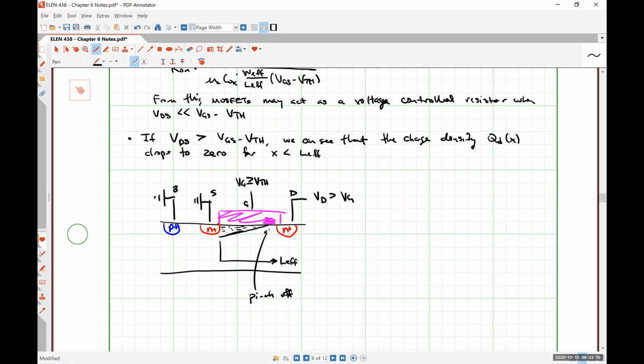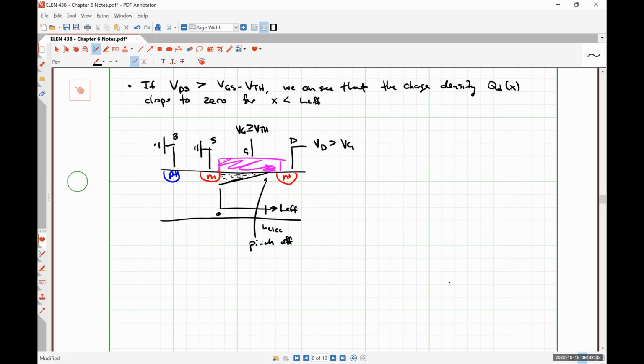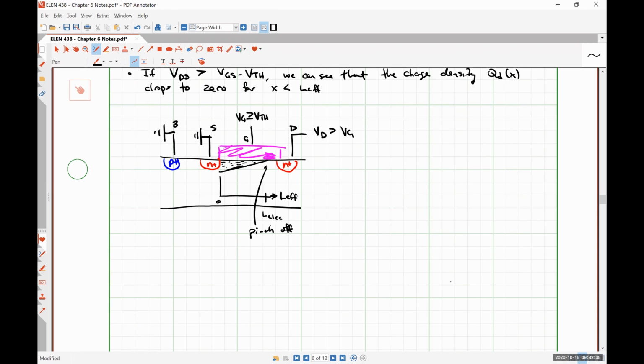And this length right here, if I can get my pen to draw it. So here's 0. This is the electric length of our channel. So we can rewrite our integral under these conditions.